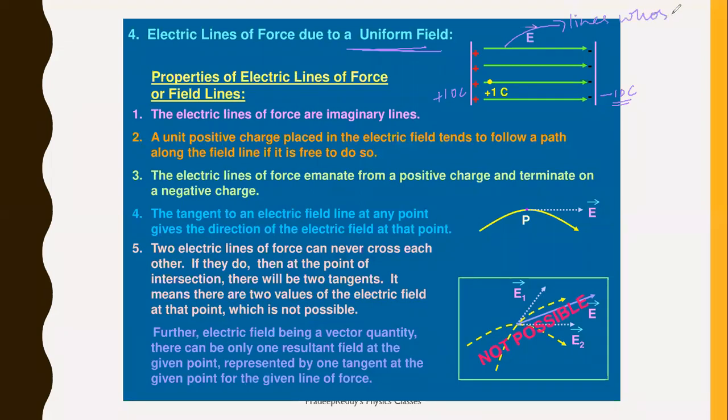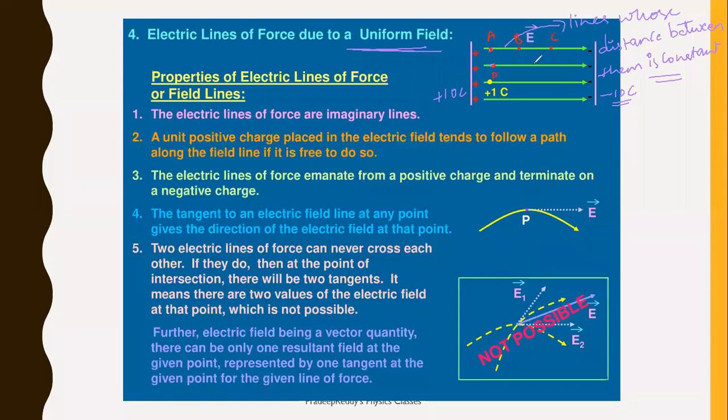whose distance between them is constant. Understand this carefully. Let me take 2 points. Say this is A and this is B and this is C. Now I am taking another point over here.